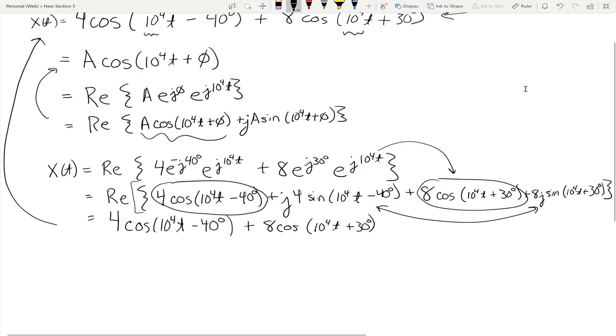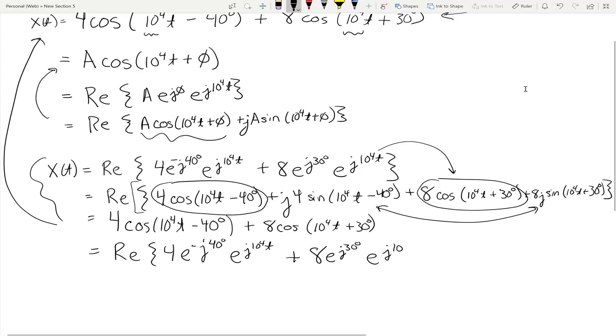So since these three statements here are all the same, I'm going to go back and write down that first line here again. I'm going to say this thing is the real part of 4e to the minus j 40 degrees times e to the j 10 to the fourth t plus 8e to the j 30 degrees times e to the j 10 to the fourth t.